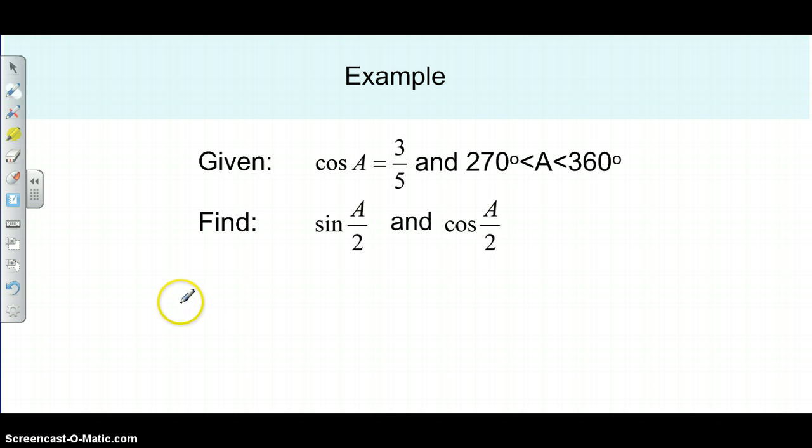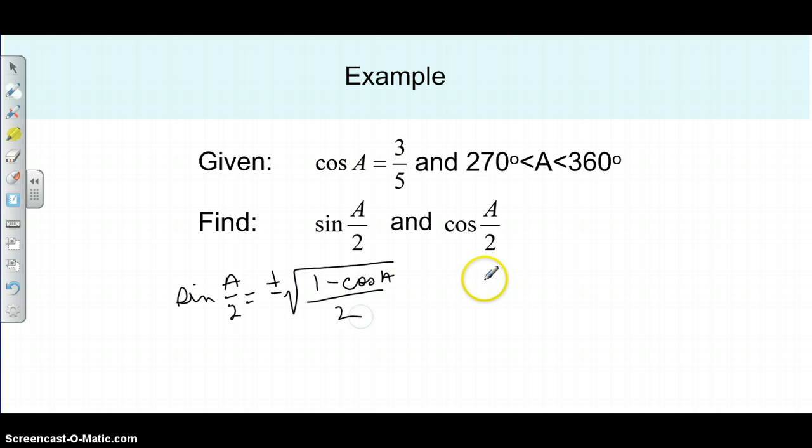And we're going to use the identity sine of a over 2 is equal to plus or minus the square root of 1 minus cosine of a over 2. And we're going to use the one for cosine of a over 2. That's equal to plus or minus the square root of 1 plus cosine of a all over 2.